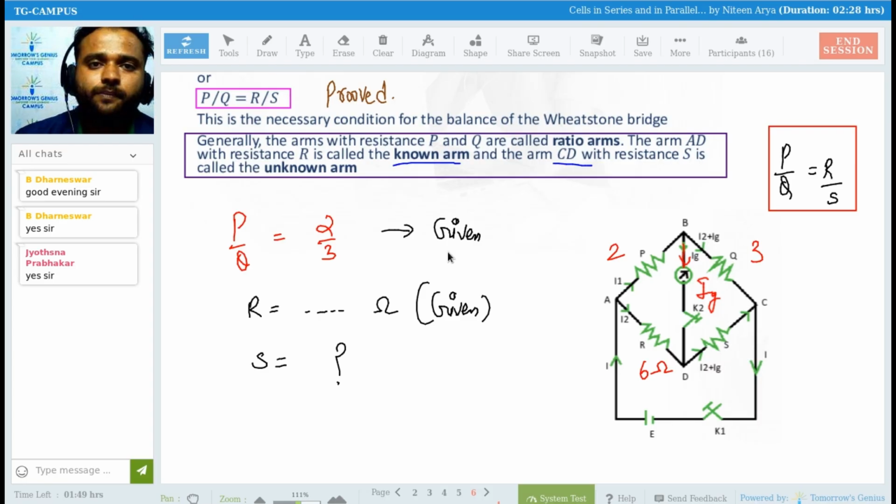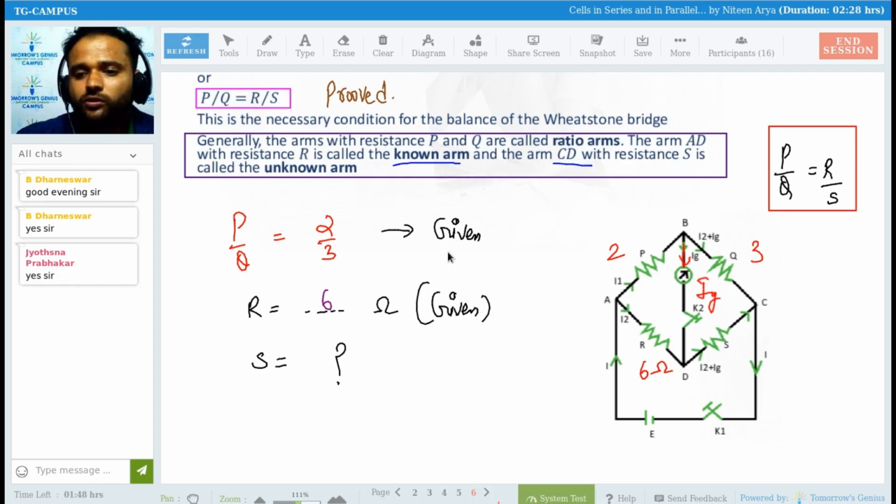The ratio of resistance of P and Q is 2 by 3, the resistance R is suppose 6 ohm, and instead of Ig here we have a bulb, so the current at the bulb is 0. In this condition, what is the resistance S, or the resistance of branch CD? So after reading this data, the moment you find the middle branch has zero current, you can use this condition.